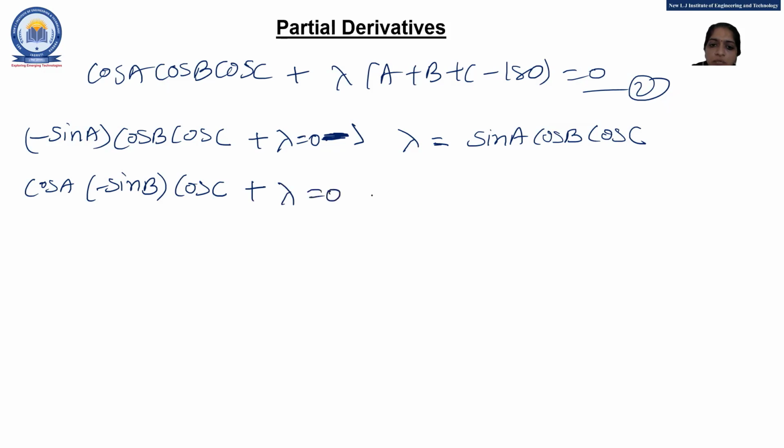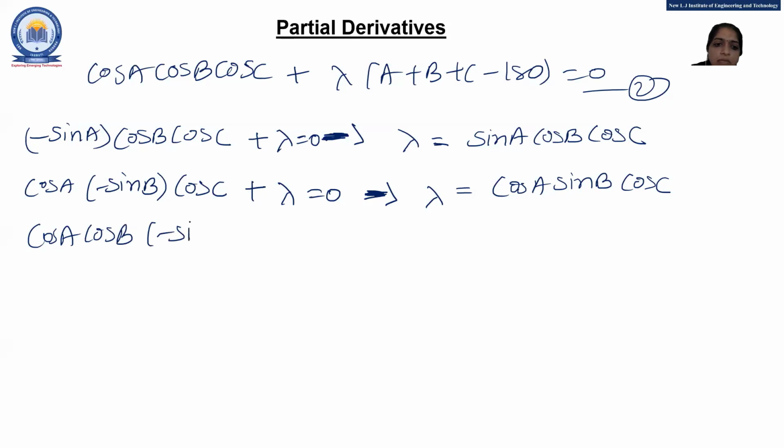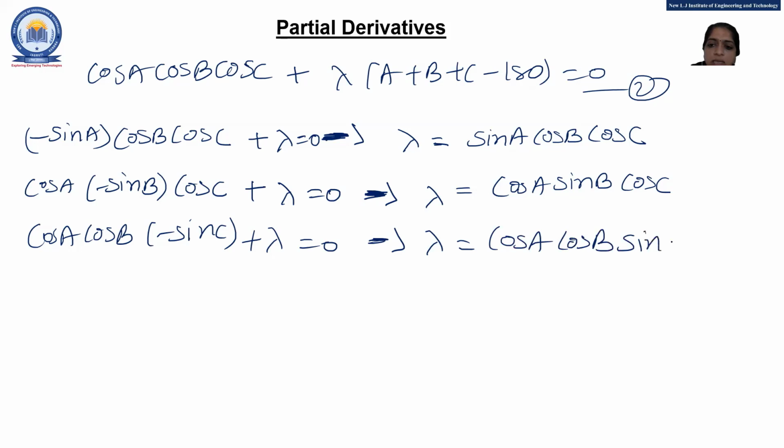So with lambda as the subject, I have lambda equals cos A sin B cos C. And the same for the partial derivative with respect to C: cos A cos B times minus sin C plus lambda, and keeping lambda as the subject, lambda equals cos A cos B sin C. So this is my equation 3, this one is 4 and this one is 5.